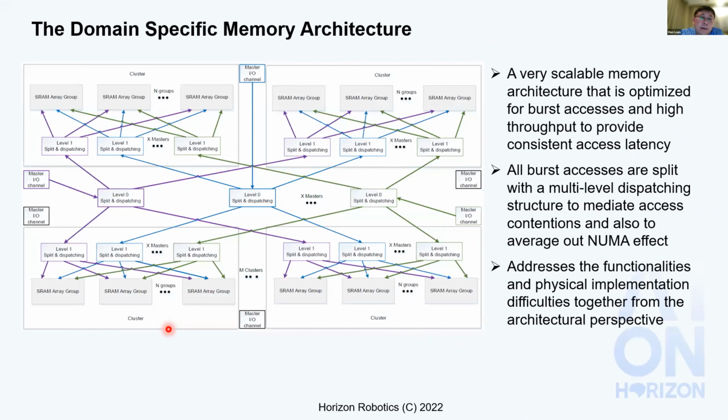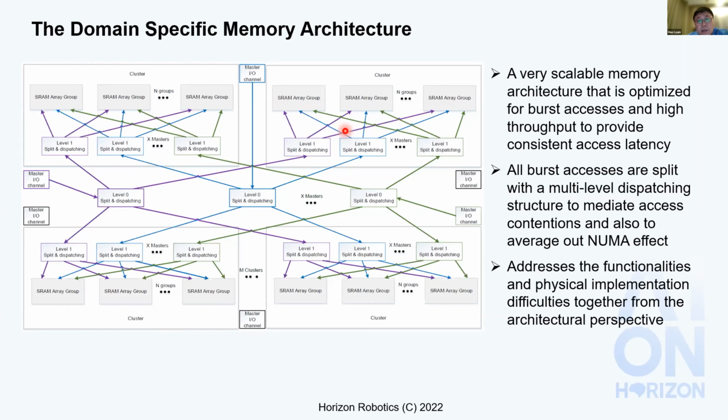This is the logic architecture, and it also represents our physical implementation layout. This is very domain specific because we optimize this architecture for the ADAS application. This is a very hierarchical one, because you can see that we have an even number, and here we have 4 clusters.